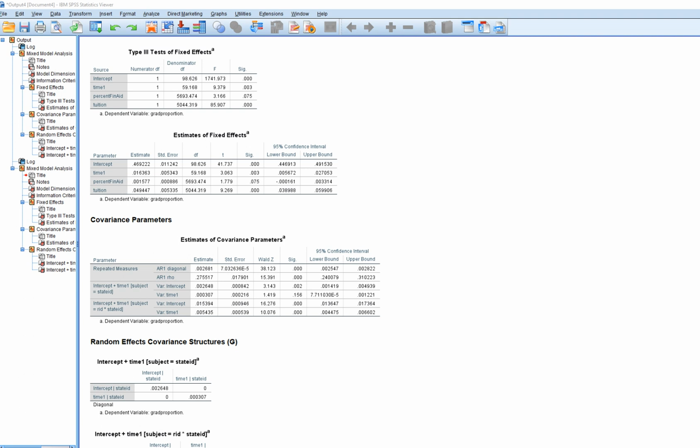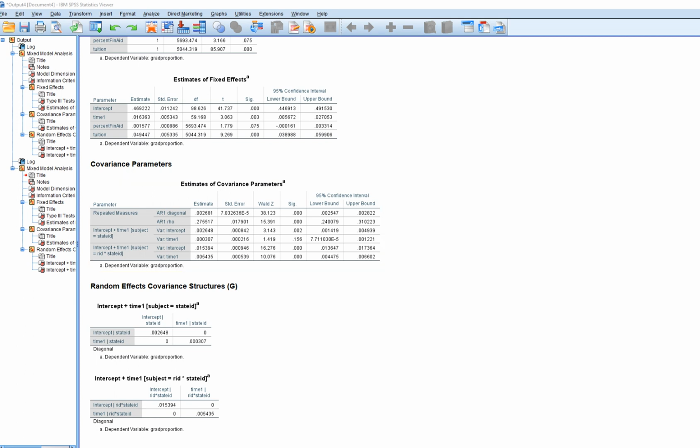So at any rate, scrolling down, in terms of the estimates of covariance parameters, we still see the significant autoregressive components and the variance of the residuals. And then we also see that the variance of the intercepts at the state level is still statistically significant. When we look at the intercepts and slopes varying between the institutions, both of those are statistically significant in the model.